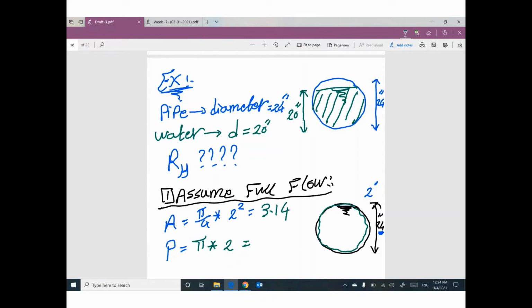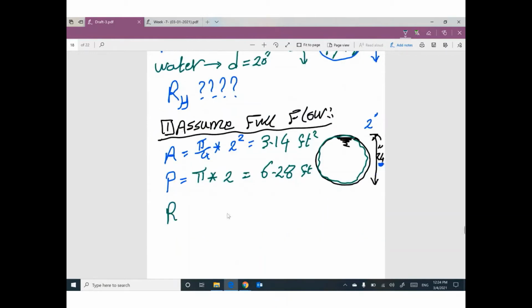The second one, 6.28 feet. Can you tell me what is the hydraulic radius for full flow? Guys, remember these numbers for your assumption.